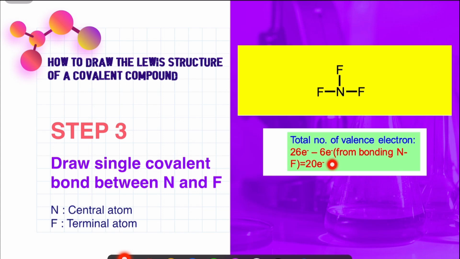The 6 electrons we refer to as the bonding electrons, because there are 3 covalent bonds. 1 covalent bond is equivalent to 2 electrons, so 3 bonds are equivalent to 6 electrons. So 26 minus the 6 bonding electrons, and the balance is 20 electrons.